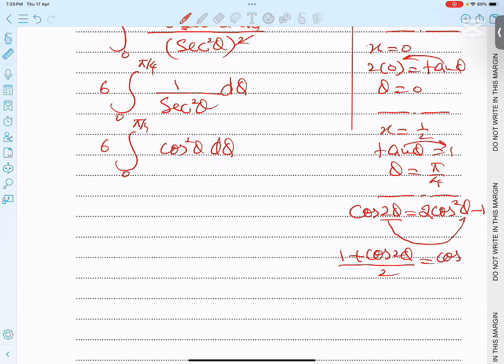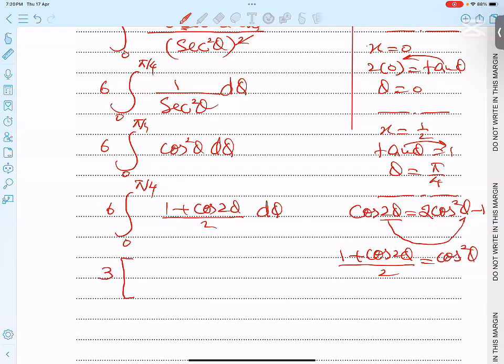I got cos square as the subject. So cos square is replaced by this thing. I got 1 plus cos 2 theta d theta over 2. This 2 I'll bring outside, which is better. I get a 3 outside.